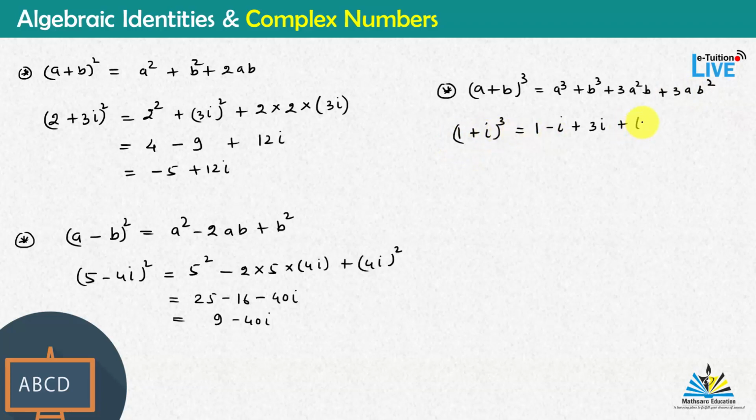So this is minus 3. So this is equal to minus 2 plus 2 iota. So here you can observe that we can apply algebraic identities in complex numbers as well.